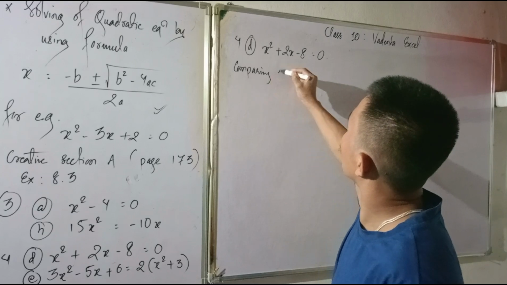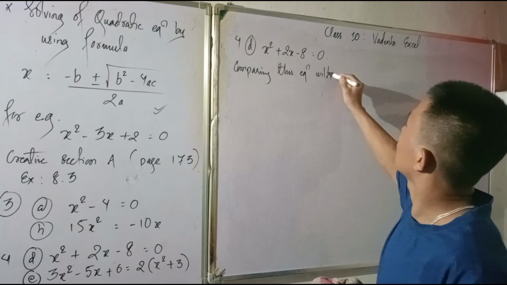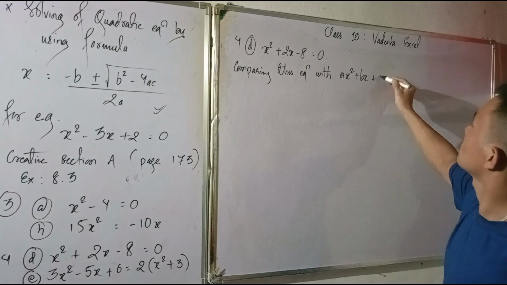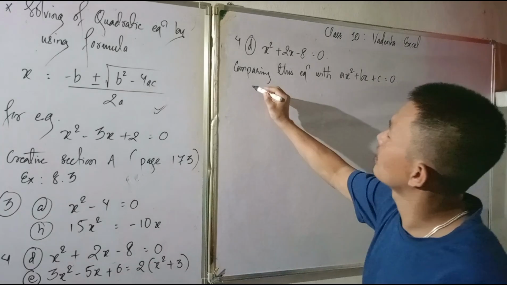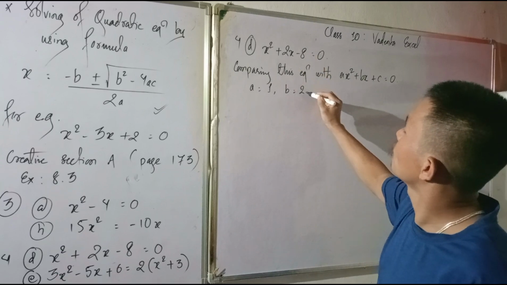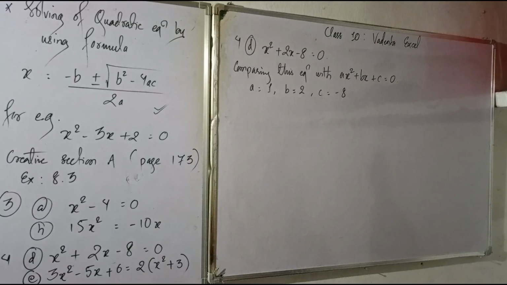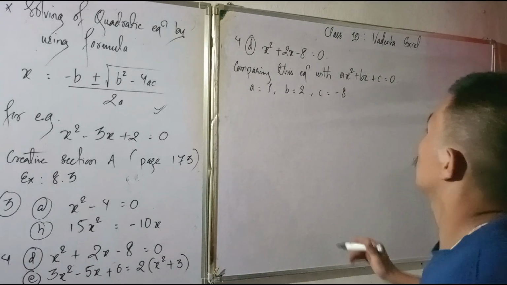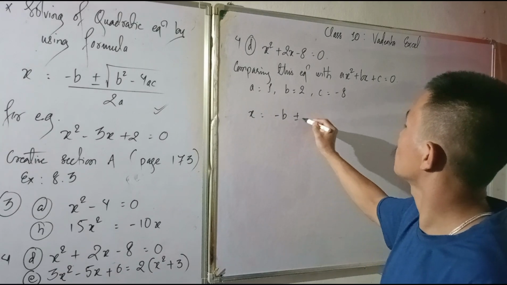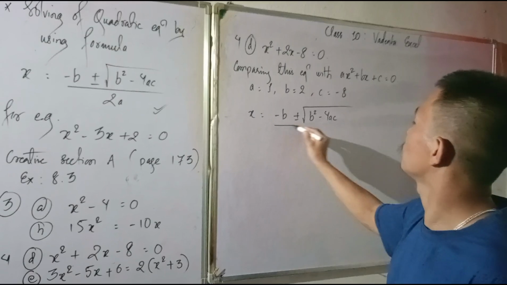We'll be doing this type of equation just like we did in the very first example. So comparing this equation with ax squared plus bx plus c equals 0, we get a equals 1, b equals 2, and c equals minus 8. Now use the formula and substitute the values.